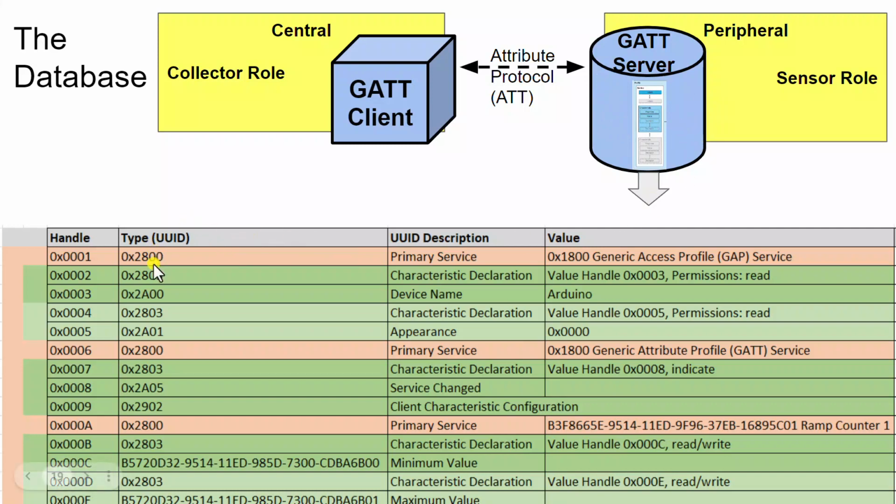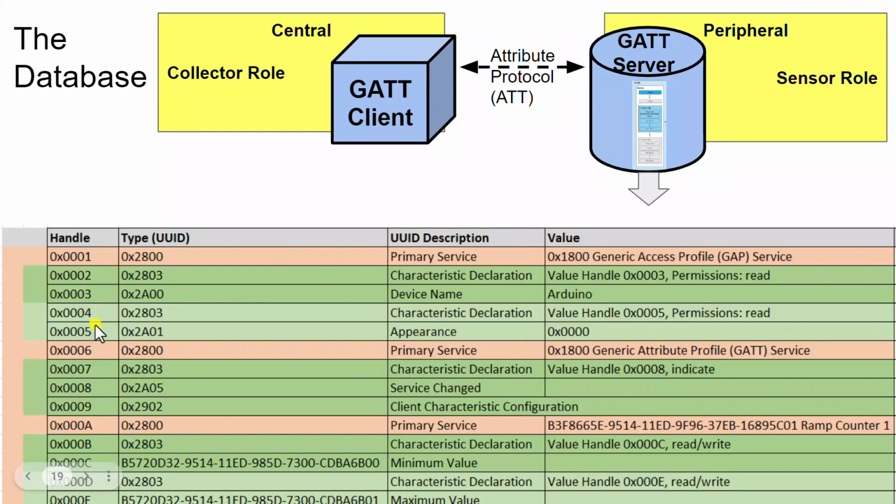If you look at the database, you're pretty much always going to see this order, where the very first element is what's called the generic access profile service. I'll detail that a little more, but we see that we have these characteristics. The characteristics are made up of multiple attributes. The attribute is one of these lines.